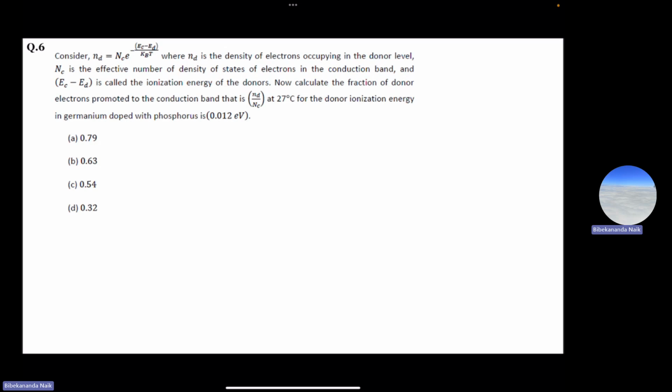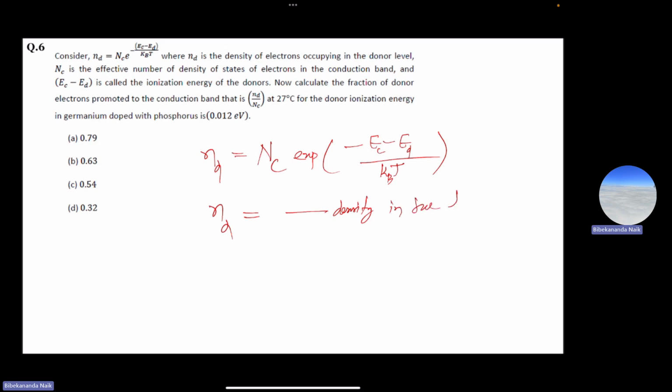So in the question what we have is the expression for donor density, Nd is given by Nc exponential minus (Ec minus Ed) by kBT, where Nd is the density of electrons in the donor level, and Nc we know is the effective density of states in the conduction band.